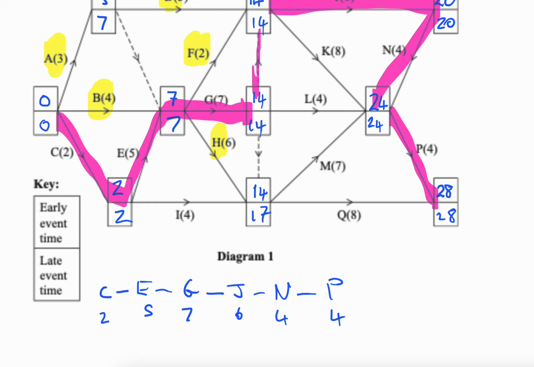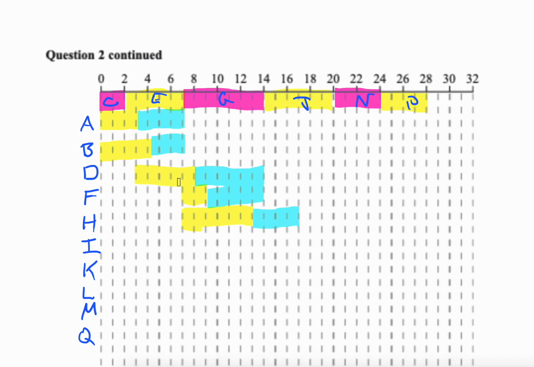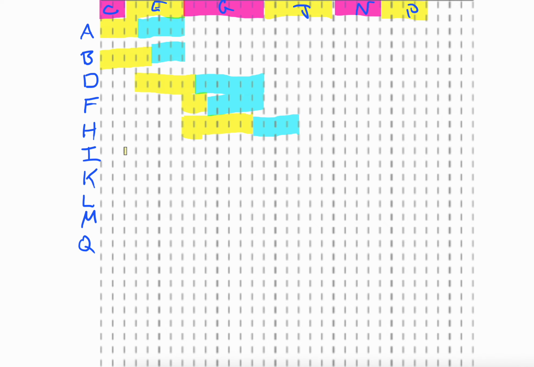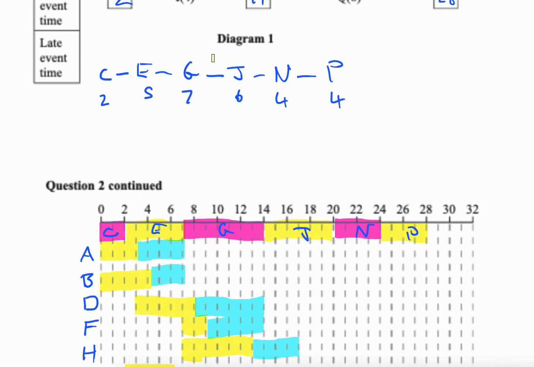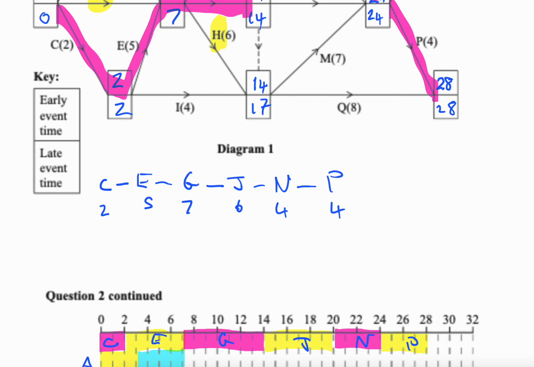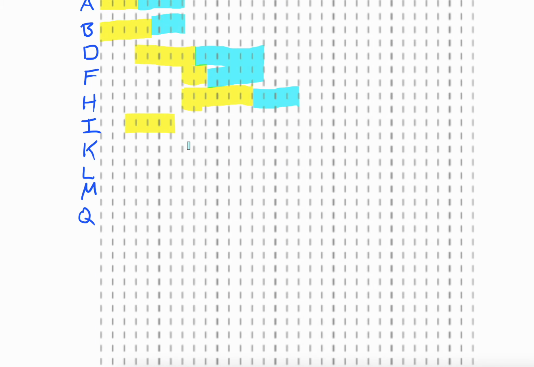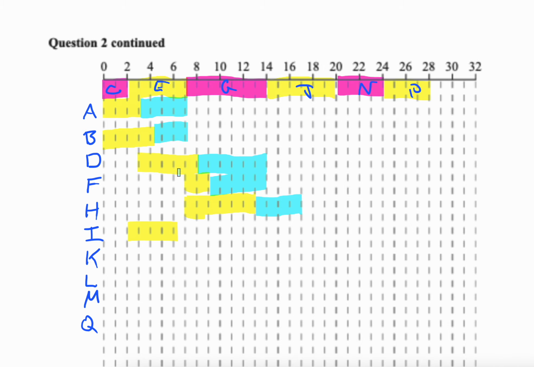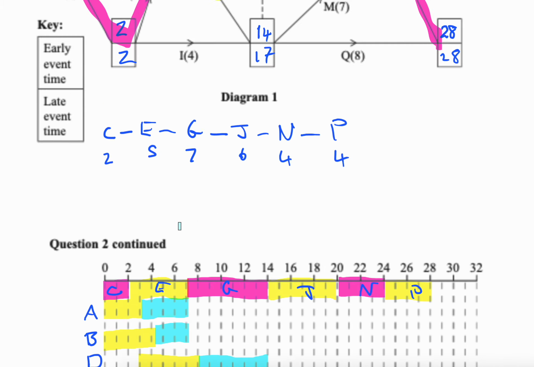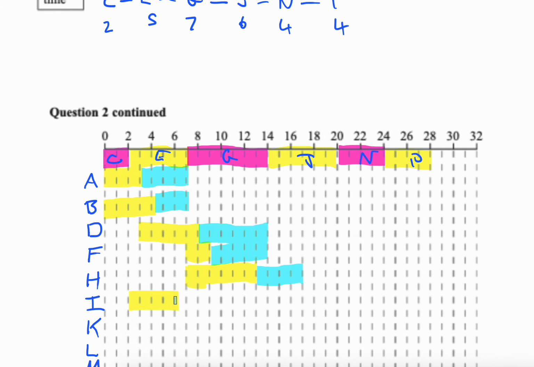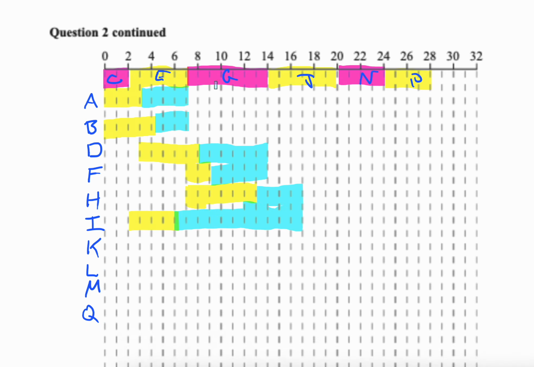What's next? I. When does I start? 2, and has a duration of 4, and then what's the float? 11. Oh wow, massive float. Lots of options there. So that's 6 plus 11 is 17, right? Okay, nearly there.